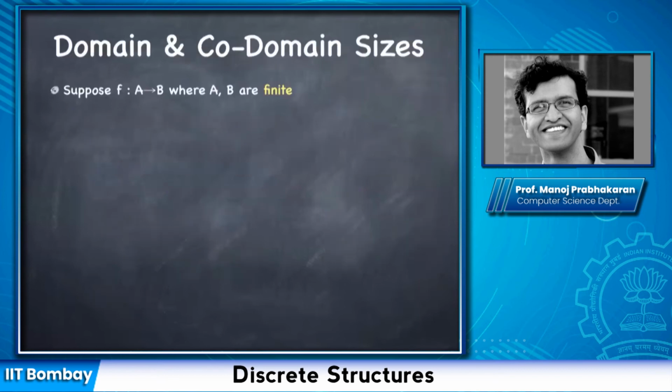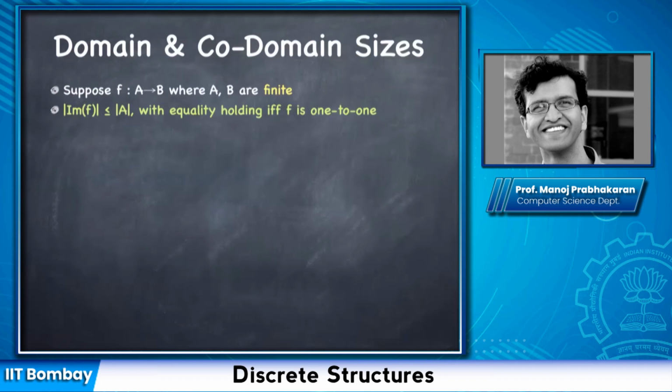Now, the definitions of these functions work for domains and codomains which could be infinite, but it becomes a little simpler to visualize when these domains and codomains are finite, and then you can actually talk about the sizes of the domains and codomains. So suppose f is a function from a finite domain to a finite codomain.